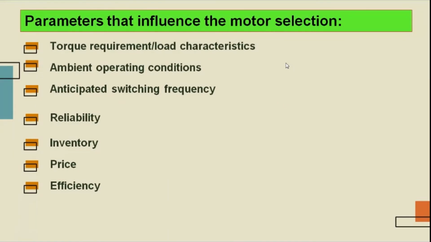Torque requirements or the load characteristics. What is the torque requirement for your system? Whether it is at a very higher end or lower end, what will be the case for the load characteristics? We have to be careful about all these things, and we have to know them before we can actually select a particular motor.